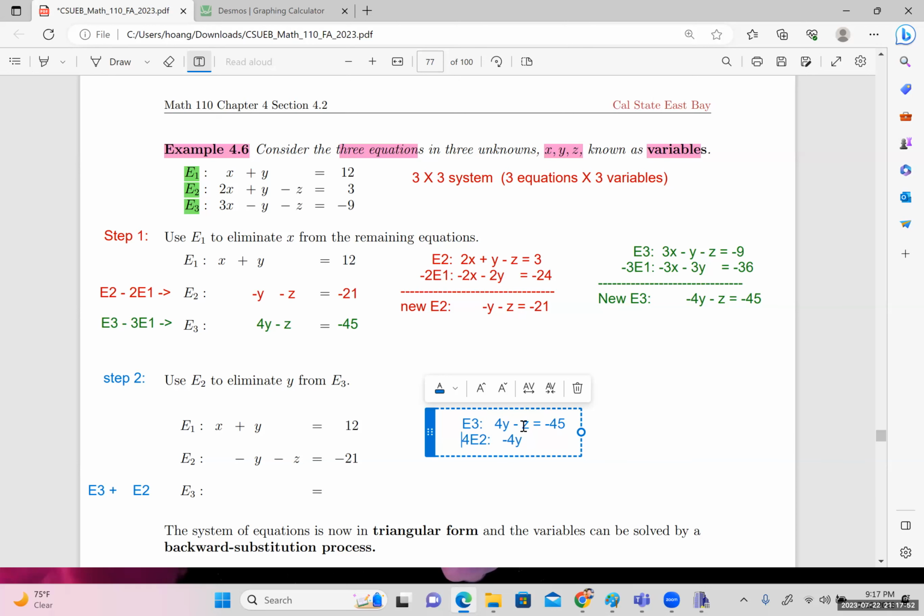So put 4 here, and then I have minus 4z, right? Because equation 2 was here, right? And equal to 4 times negative 21 will be negative 84.